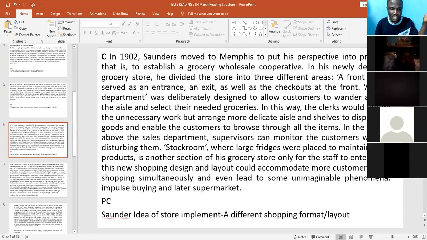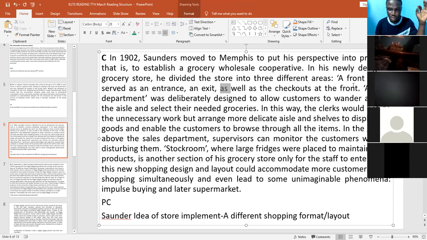Okay, a front lobby served as entrance as well as checkout. Even if it is not, a sales department was deliberately checkout. If it's not clear, look at it. This is where it is, because a checkout means something, but if it is not clear, we'll go to the next paragraph.